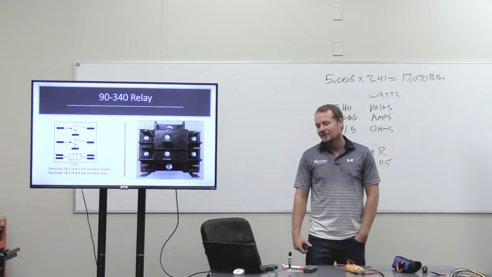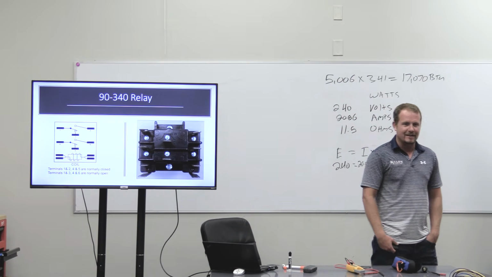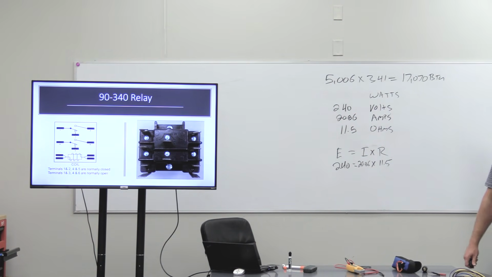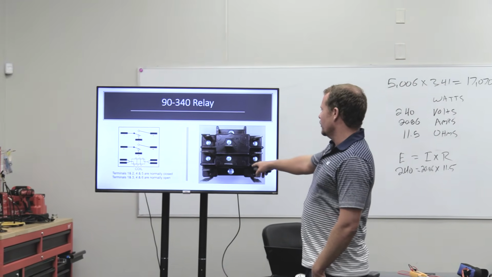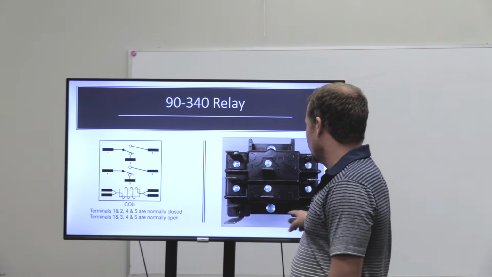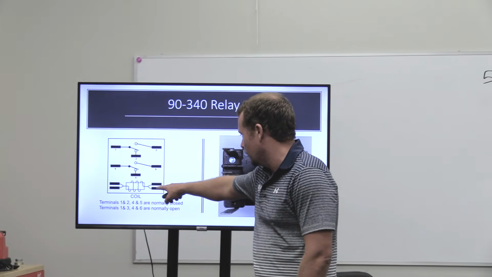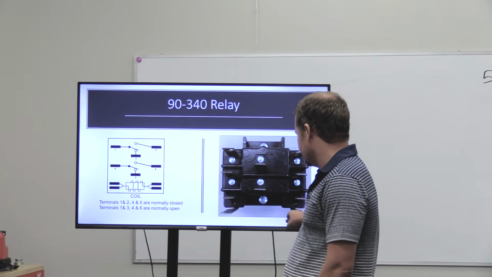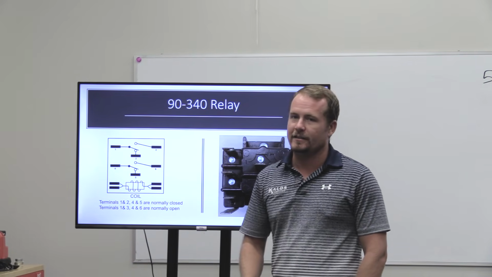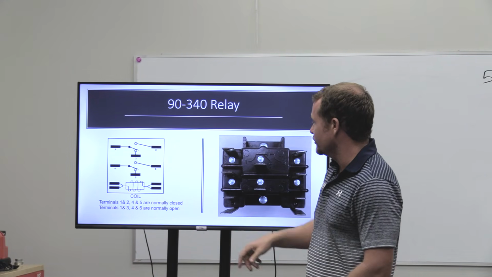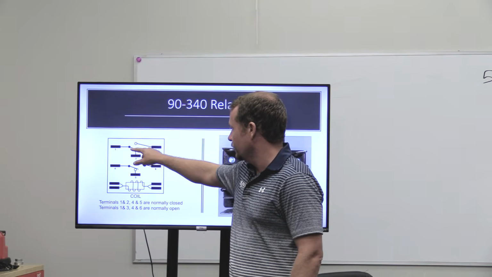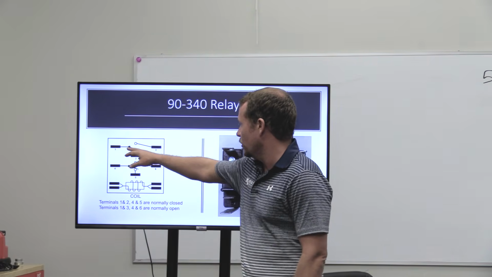Okay. So this just illustrates. You'll notice that these two actually kind of look the same. So this shows the coil. So that's these points here. That's actually the electromagnet that switches its position. This is the normal position, normally closed between 1 and 2, normally open between 1 and 3.